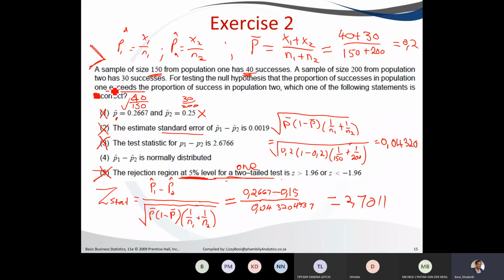It's like when they say that the proportion of success in population 1 exceeds the proportion in population 2. For this, exceeds makes it a greater than, therefore it is a one-tail test, and we're not doing a two-tail, so we don't have two regions of rejection, we only need one region of rejection.